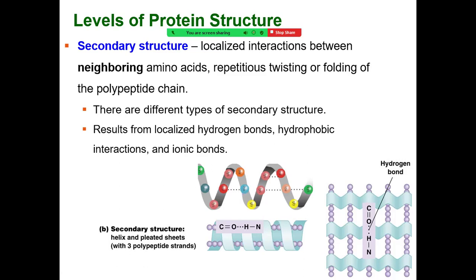There's one other attraction. Let's go ahead and make it this one here. Let's say these two amino acids are attracted to each other. This can be van der Waals forces, where this is a non-polar amino acid, and that's a non-polar amino acid.